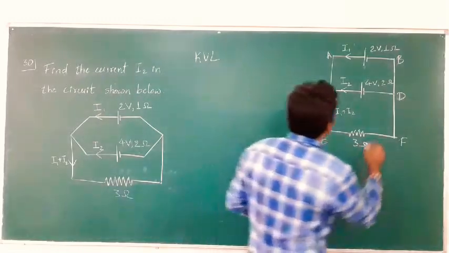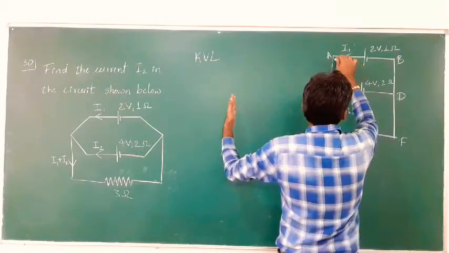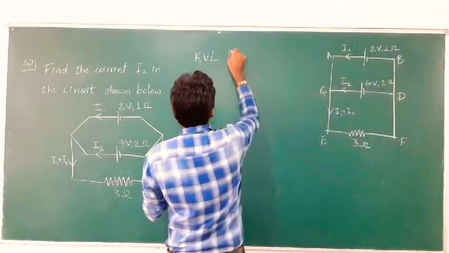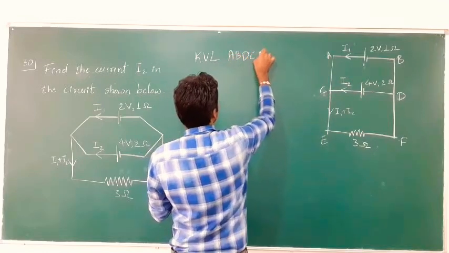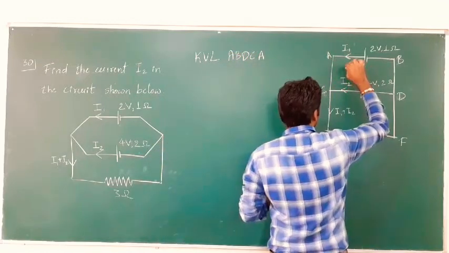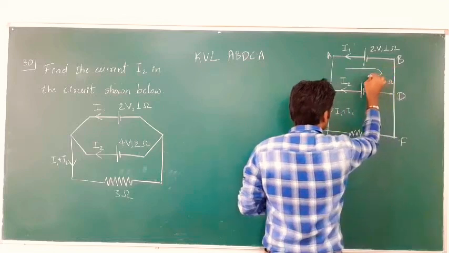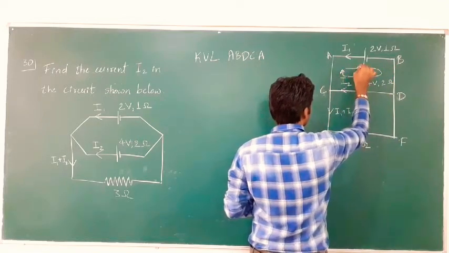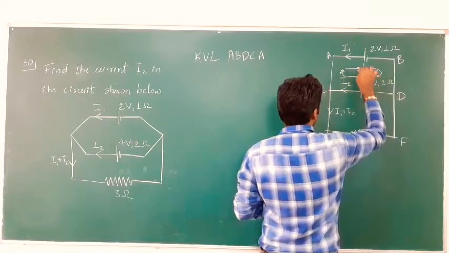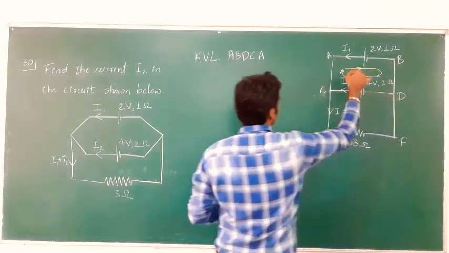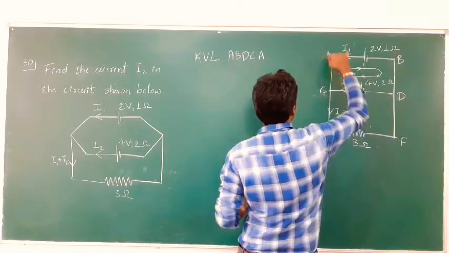Let me work for that. First, for A, B, D, C, A. This is how I am going to apply KVL for this loop of A, B, D, C, A.